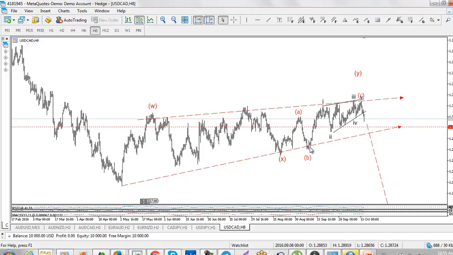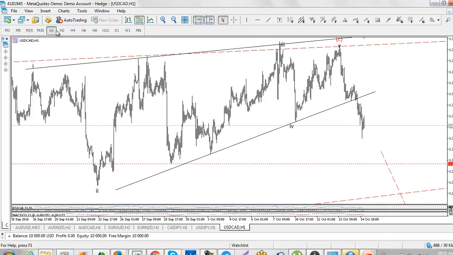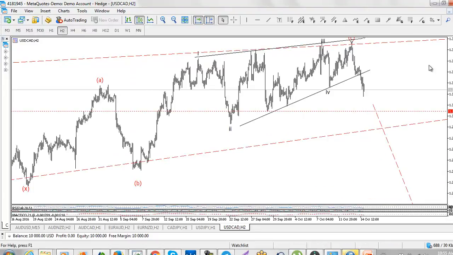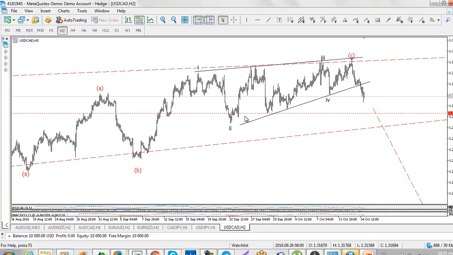If you look at this ABC, the third leg of this move, especially the C wave, you will see that it was actually an ending diagonal pattern. Ending diagonals are very powerful. I was actually looking at this as a leading diagonal in the first place, thinking that after this leading diagonal we saw a pullback and then a move upside, but this is more of an ending diagonal.